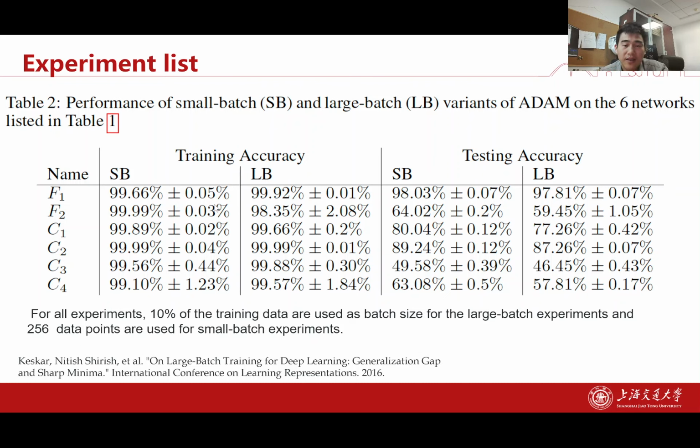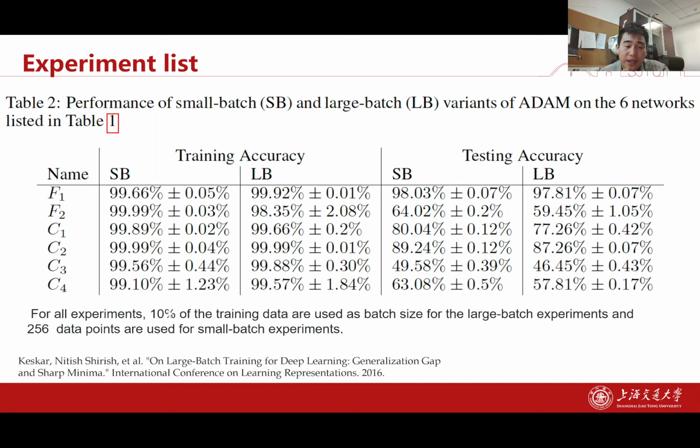But now the key thing is the testing accuracy. They found, very interestingly, that the accuracy of the small batch size is consistently larger than that of the large batch size. Here, small batch means 256 data points in each batch, and the large batch means 10%.